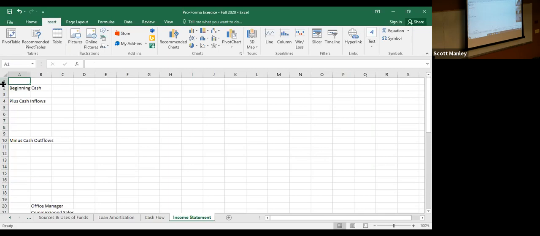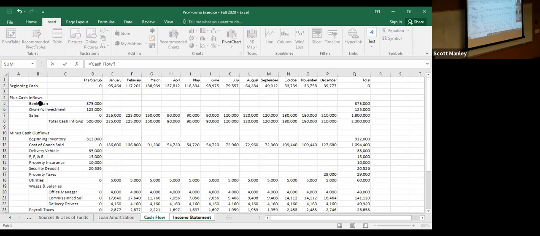Because remember I said your income statement starts with your cash flow, okay? So I just put in a formula that said, go to my cash flow cell A2 and get that, okay? And then I've got plus cash inflows and nothing copied from there, right? Because of the way I've got my cells staggered.